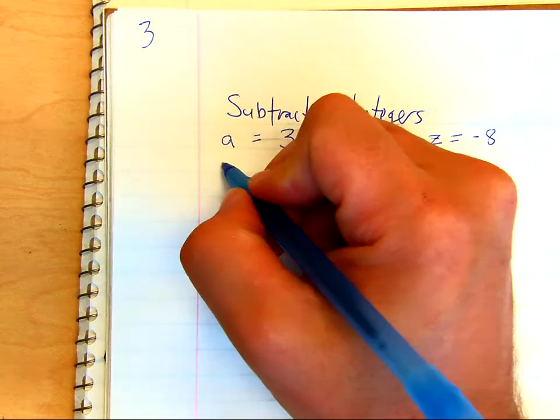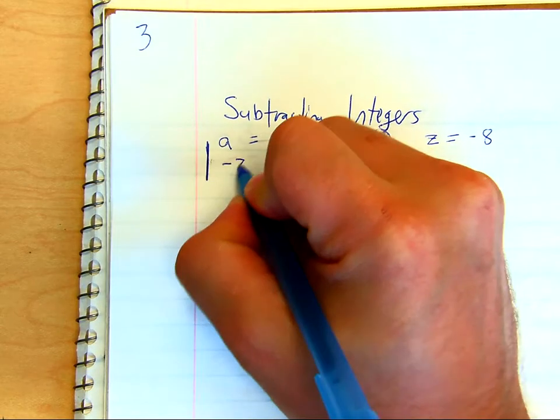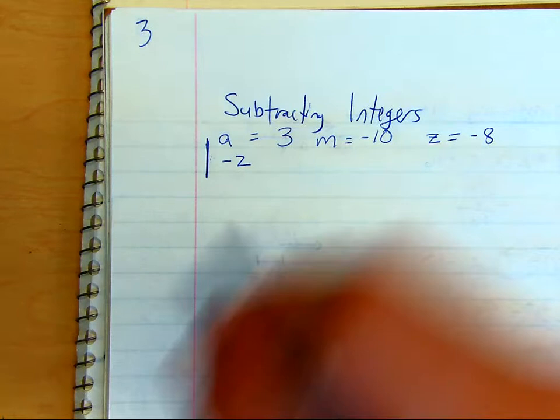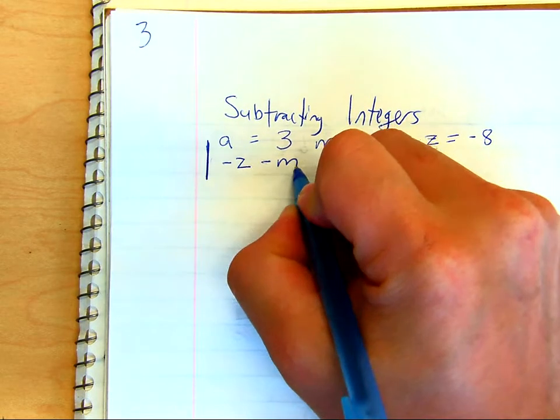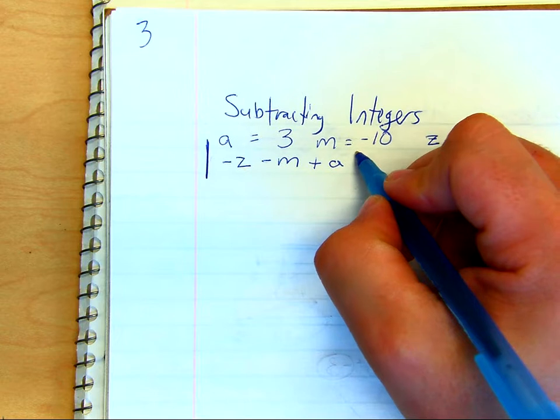So if I had one that said the absolute value of -Z minus M plus A.